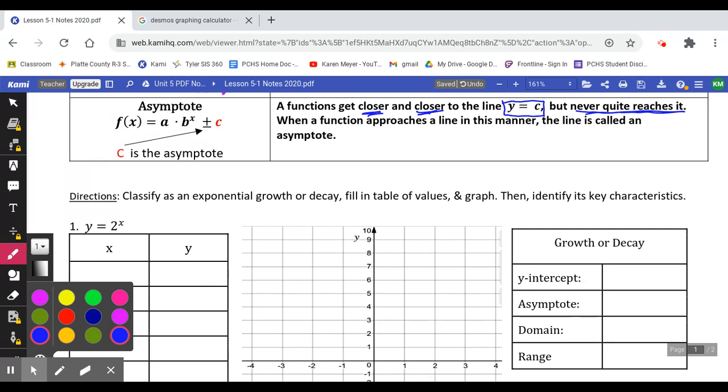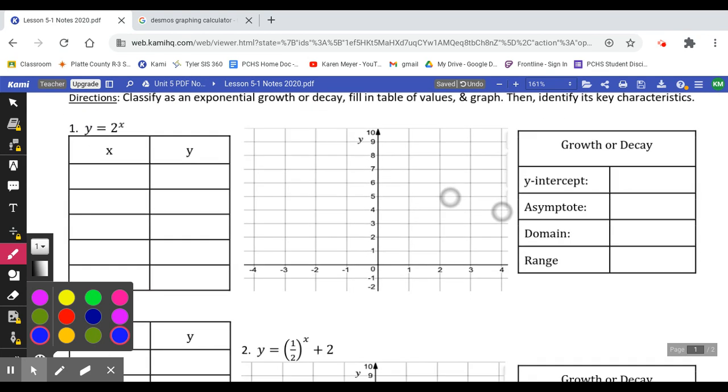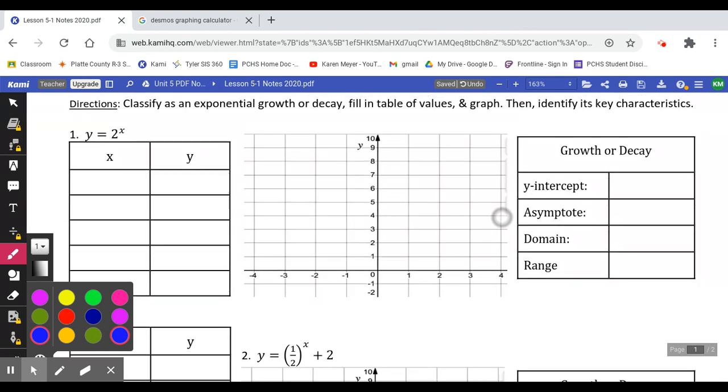So anyway, let's try some problems where we have to worry about all of this. My first example says classify each as an exponential growth or decay, fill in the table of values, make a graph, and then answer all the key features off to the side.